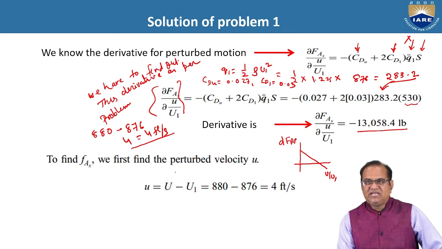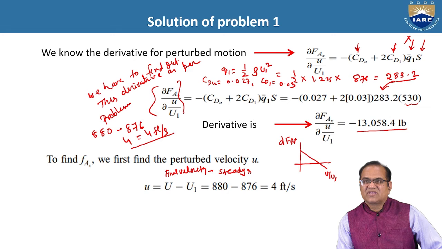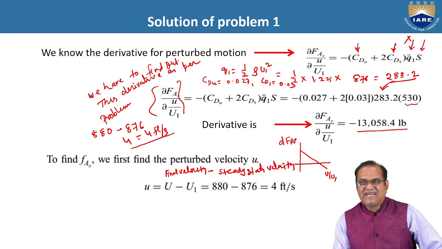Final velocity minus steady state velocity. Final is 880 minus 876.